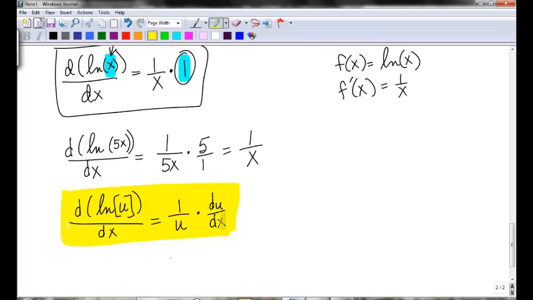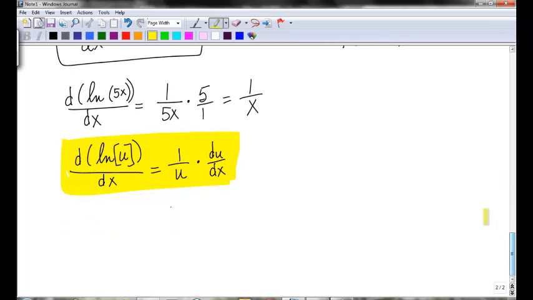Okay, so if they give you the example, say they ask you to figure the derivative of the natural log of x squared plus 3 with respect to x.